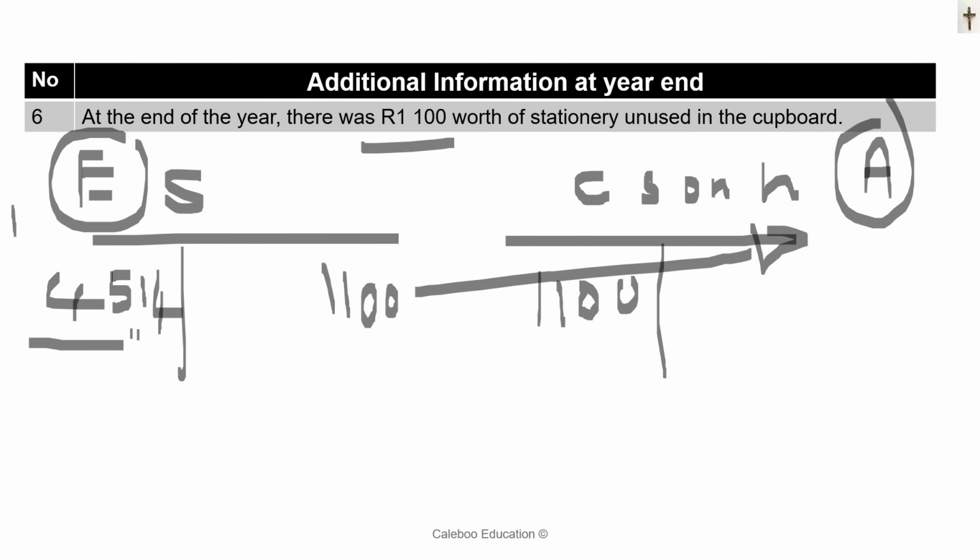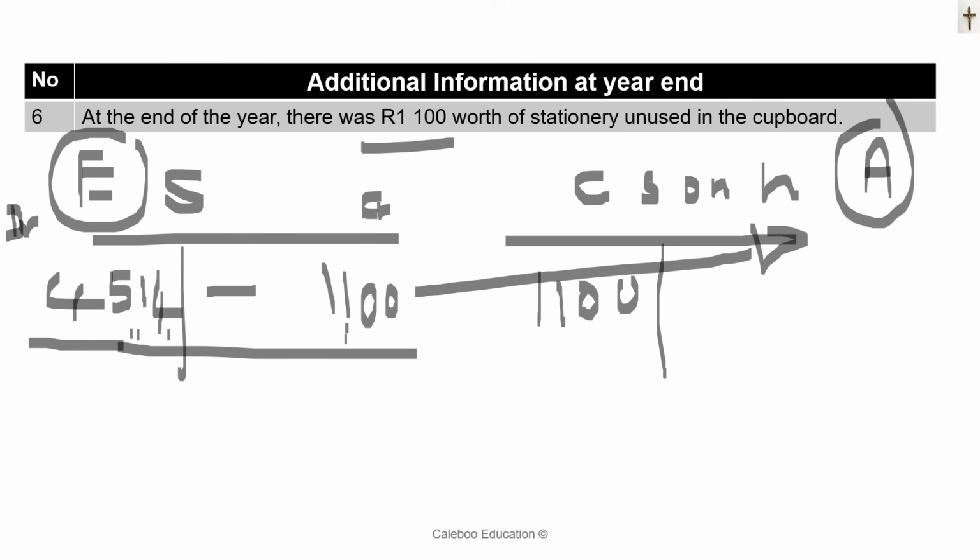So if this had a debit balance, the stationery, and I go and credit it, it's going to make the stationery amount smaller. Right, because we didn't actually use 1,100 worth of stationery. So the expense is actually 4514 minus 1,100 will give us the expense of the stationery that we used, because we counted what was left, 1,100 worth of stationery.